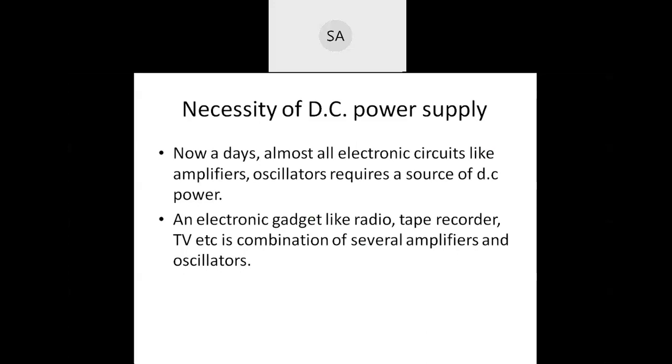Electronic gadgets like radio, tape recorder, TV, etc. are a combination of several amplifiers and oscillators.